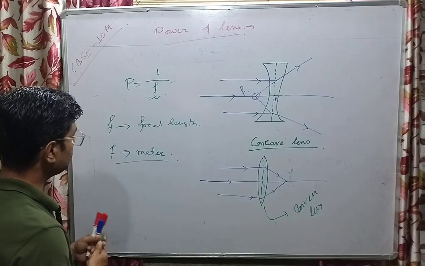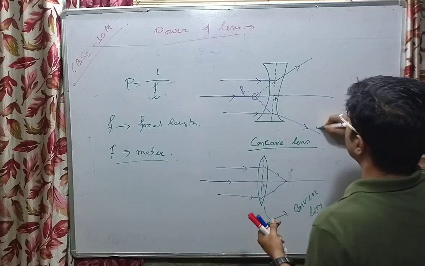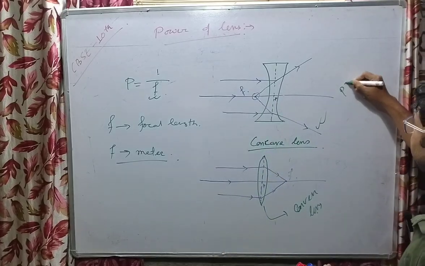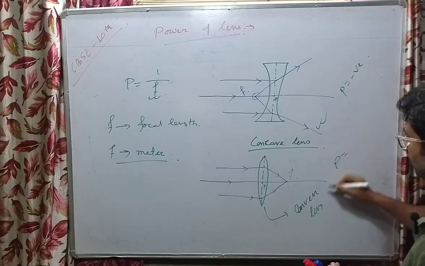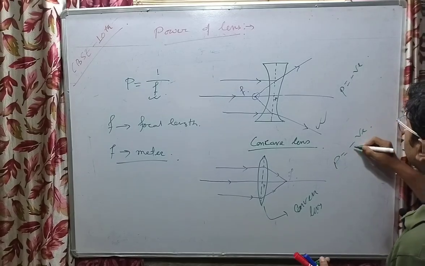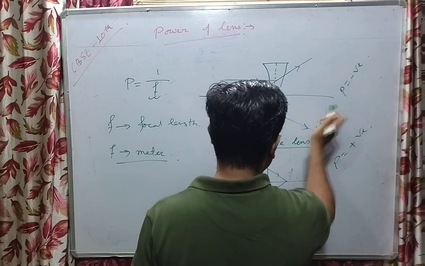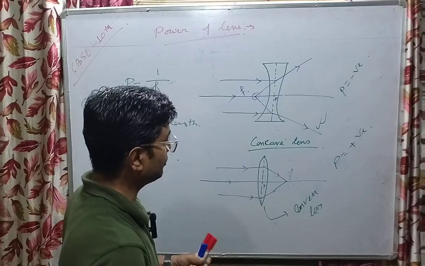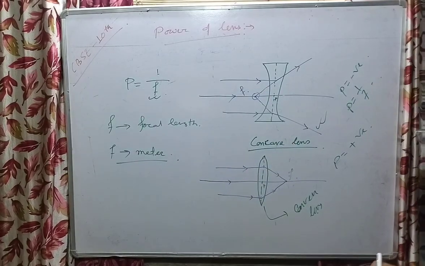And power of concave lens will be negative. Similarly, power of convex lens will be positive. Why is it? It is because power P is equal to 1 by f.